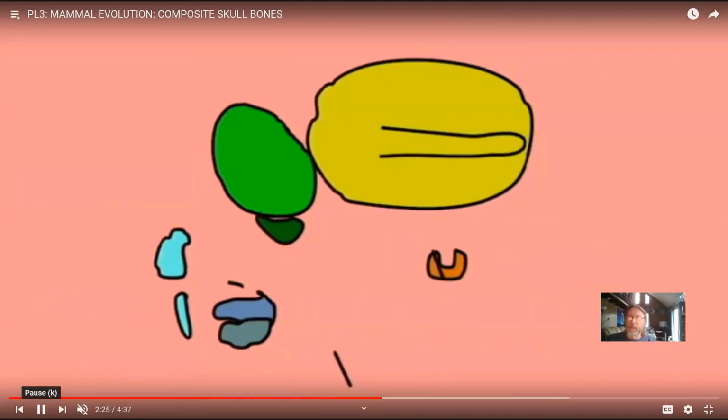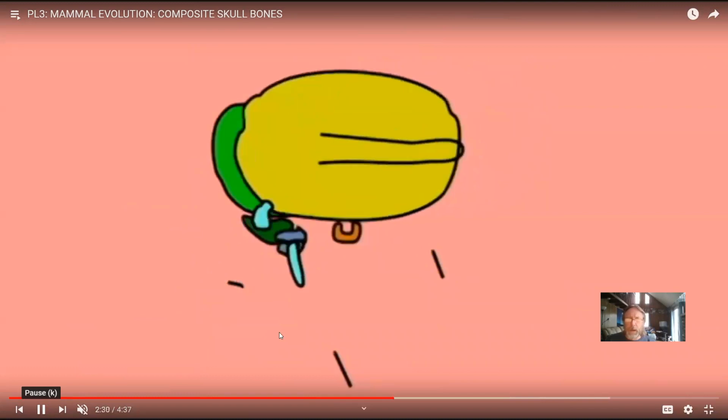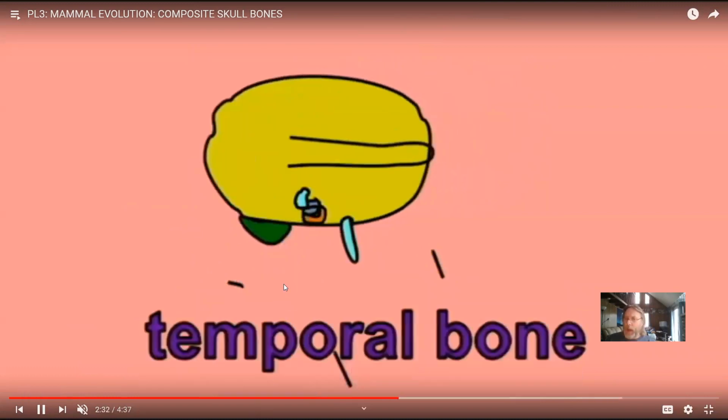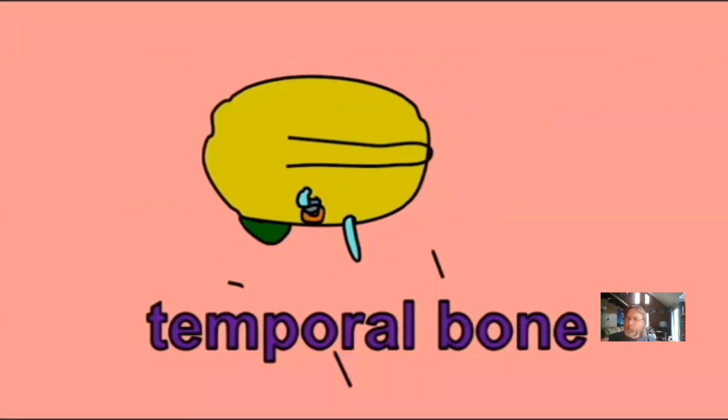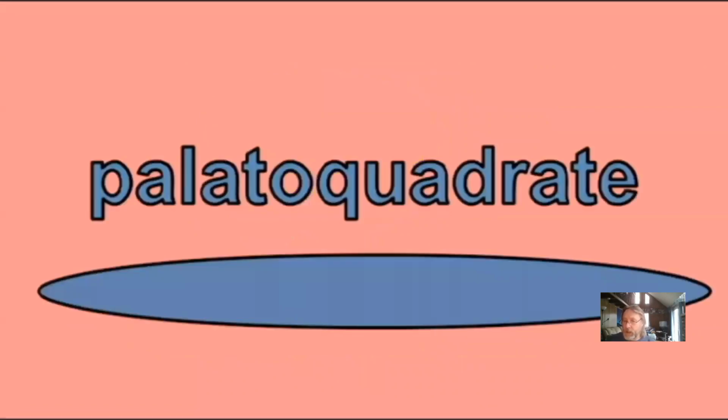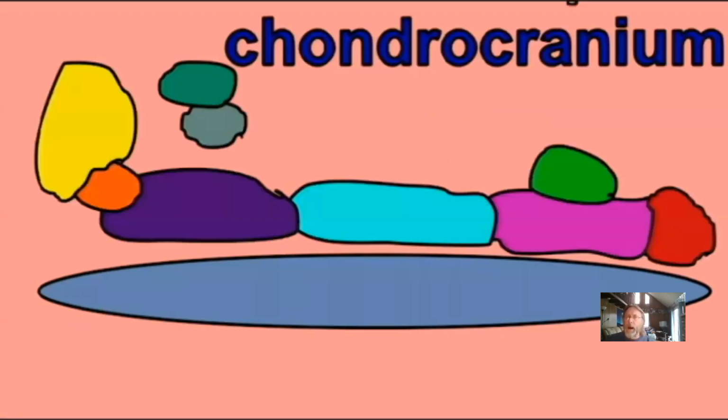That's a process for ligaments which support the hyoid bone. So our temporal bone is a composite bone formed from multiple pieces which squish together. Once again, all three regions of the skull, splanchnocranium, chondrocranium, and dermatocranium, contribute to the temporal bone.